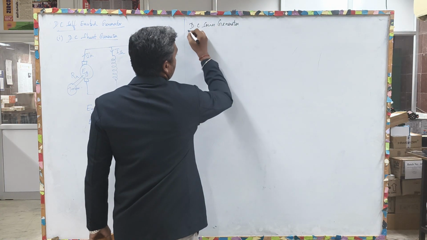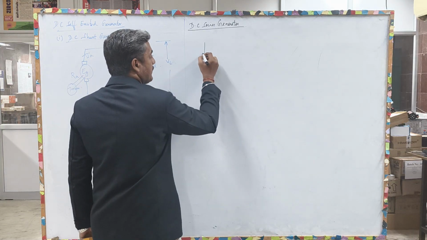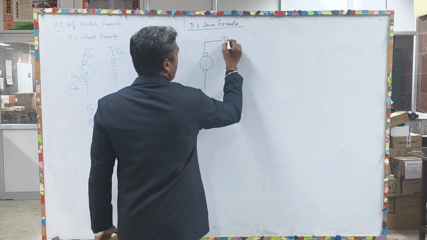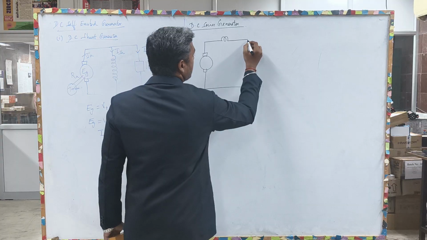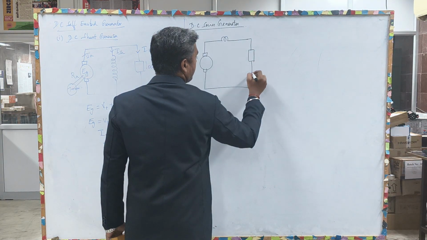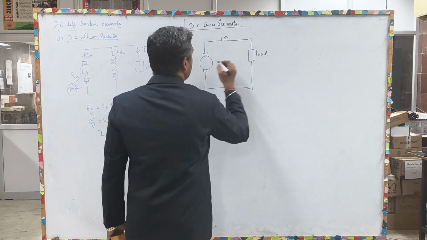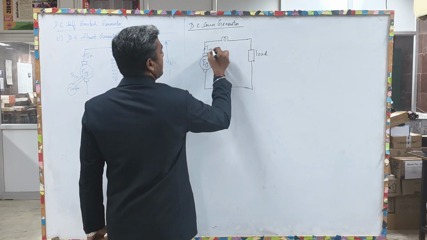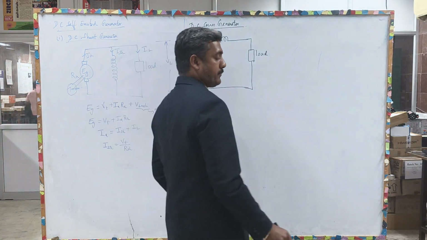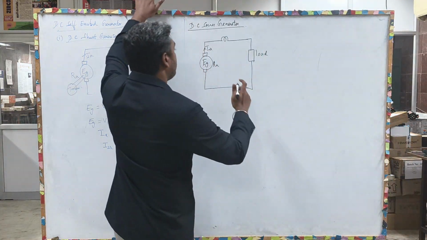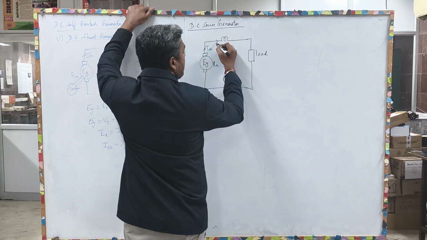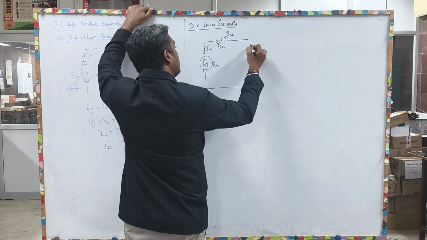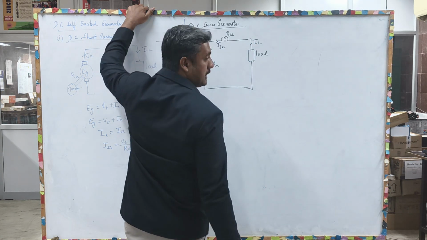In a DC series generator, the field winding is connected in series with the armature. That is generated EMF EG, RA, current from the generated EMF is taken as IA, okay, and current towards the field is ISE, and the field resistance is RSE, current towards the load is taken as IL.